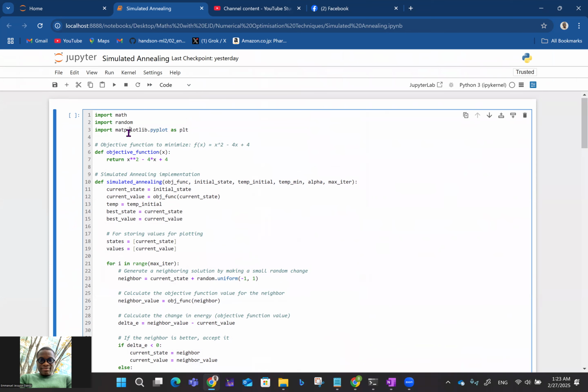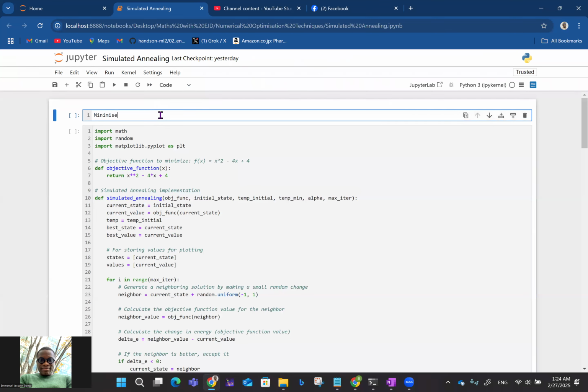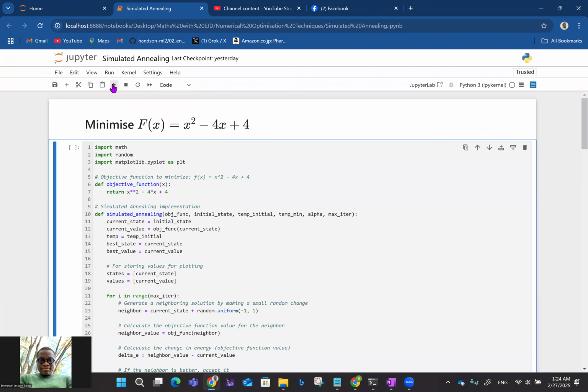So we want to minimize f of x equals x raised to the power 2 minus 4x plus 4. Let me make that into markdown. Yeah, so this is what we are doing here.